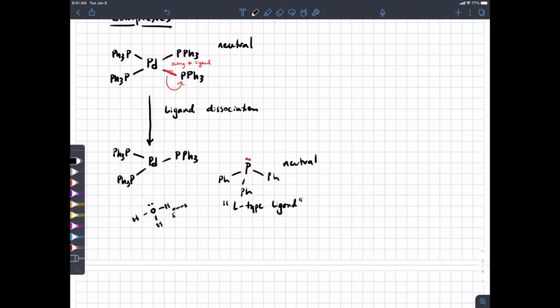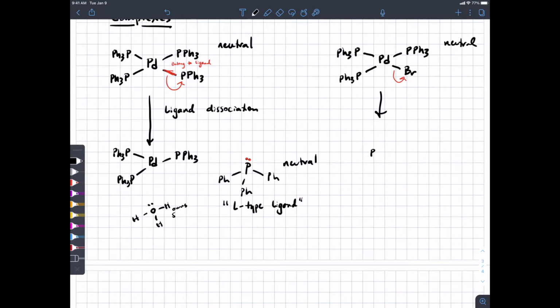So let me show you a different complex. Then we're going to put bromine there, and we're also going to do ligand dissociation. The complex is neutral to begin with. I don't have to write that it's neutral. The absence of a charge shows me that.